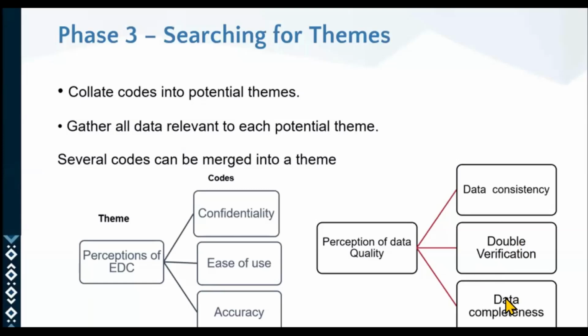Because all of these codes are similar, we can group them into a particular theme, which is the perception of the data quality. We should know that themes are usually broader than codes, because most of the time you have to put in several codes to make a single theme, just like we have seen in our example.